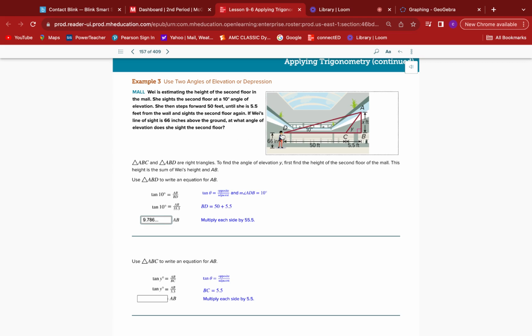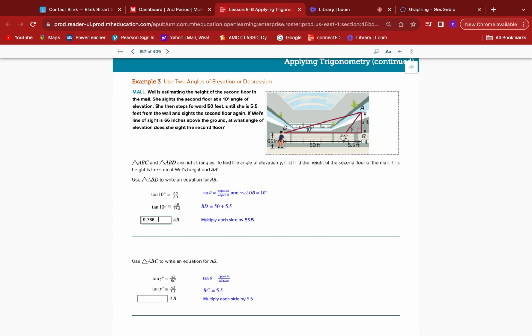Okay, so Way's going to step up. Now she is only 5.5 feet away from the wall. I still need my angle of elevation here, but now I have the height. So it's going to be a tangent problem because I have my opposite. That's the 9.786 you just found.